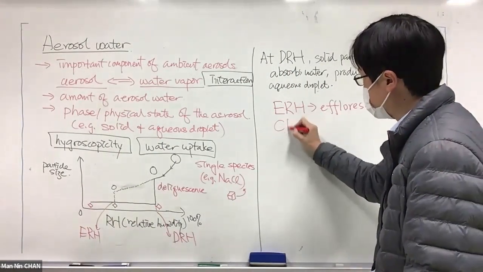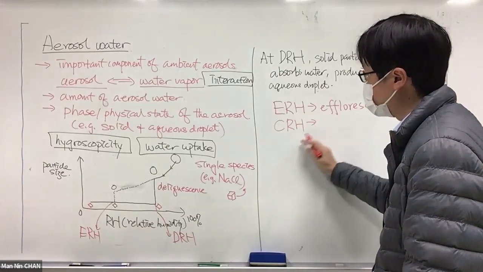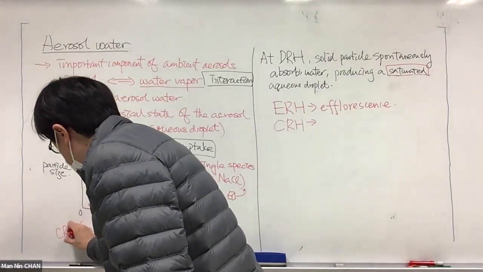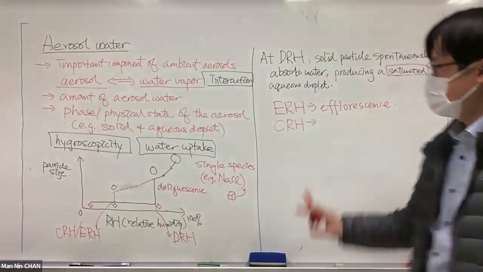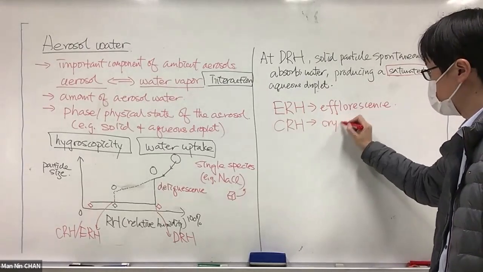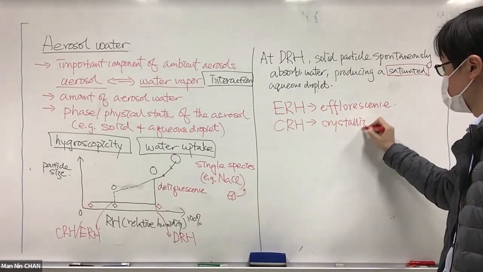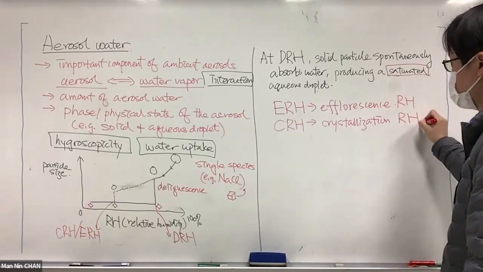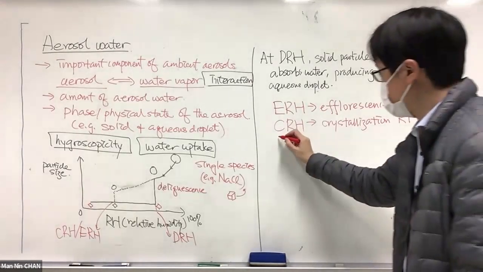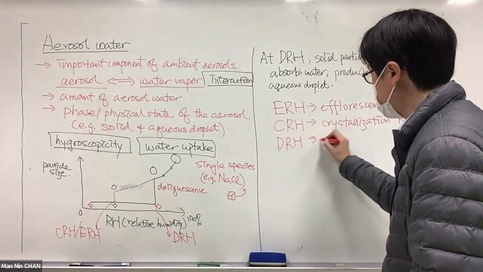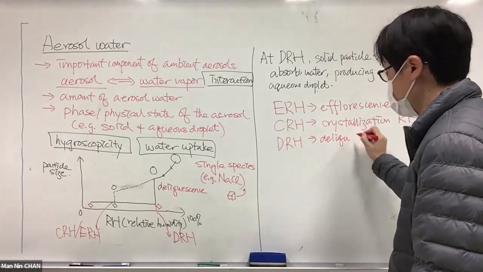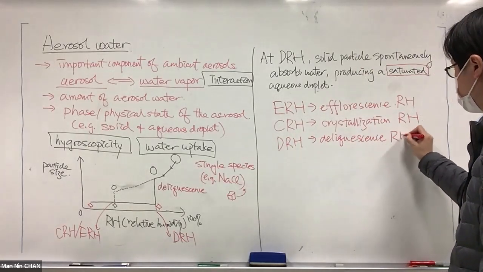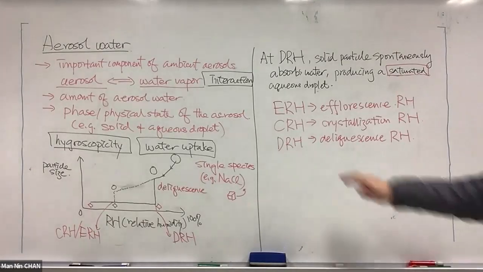In the literature, if you are interested in this topic, when you do the reading, sometimes people also call this the CRH. C here means the crystallization. Let me also write down the DRH, which means the deliquescence RH.